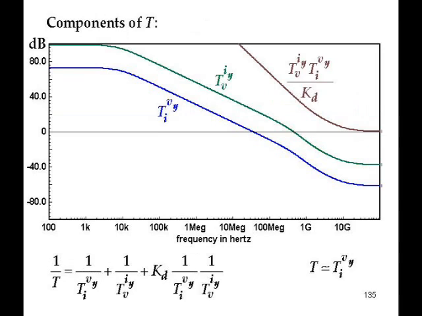Here are the components of T. Remember, it's the reciprocal sum of 3 terms: 1 over Ti with Vy node, 1 over Tv with Iy node, and the interaction term. If you plot them separately like this, you know that the triple parallel combination is dominated by whichever one is smaller.